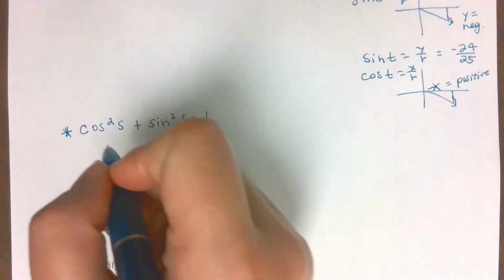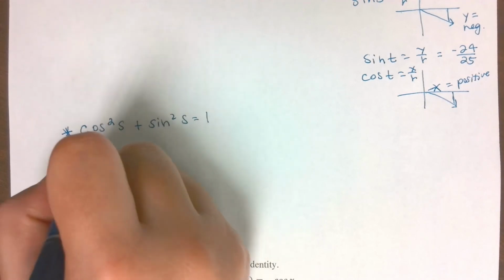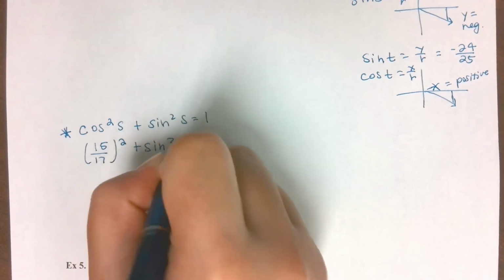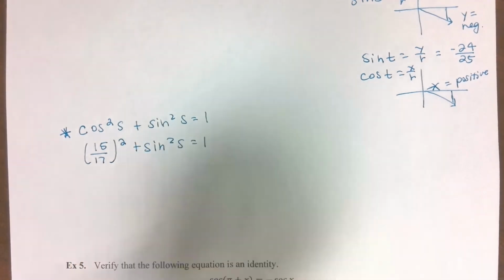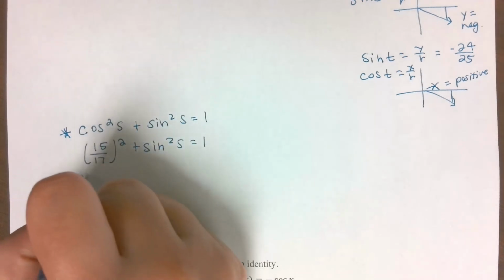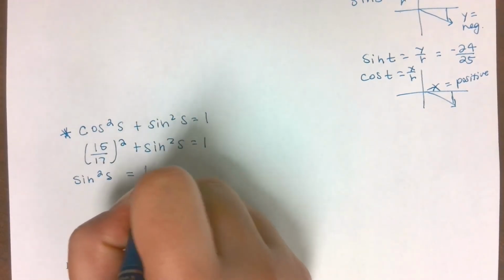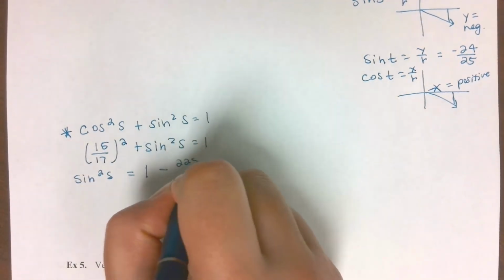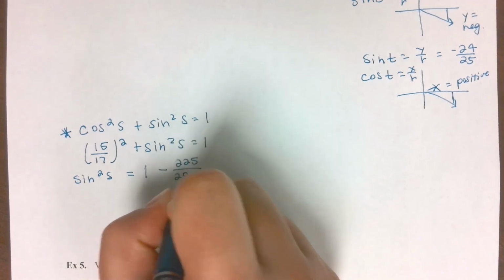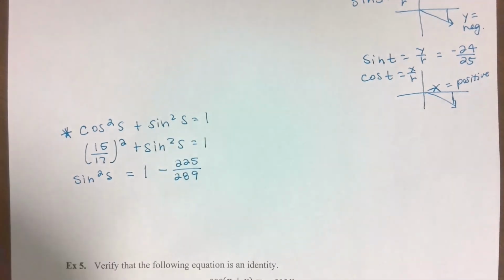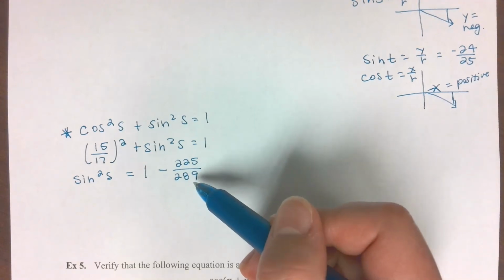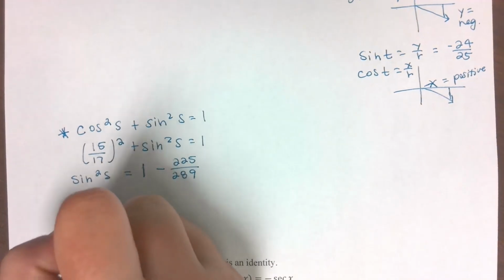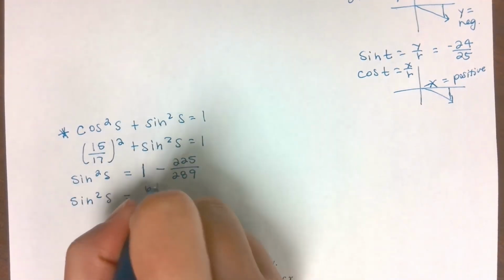We know cosine of s, so if we plug that in, we have 15 over 17 squared plus sine squared s equals 1. That means sine squared s equals 1 minus 15 over 17 squared, which is going to give me 225 over 289. I just squared 15 and then I squared 17. So if I do 1 minus this fraction, I get sine squared s is equal to 64 over 289.